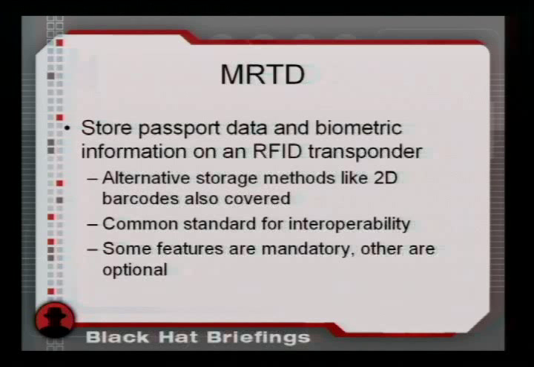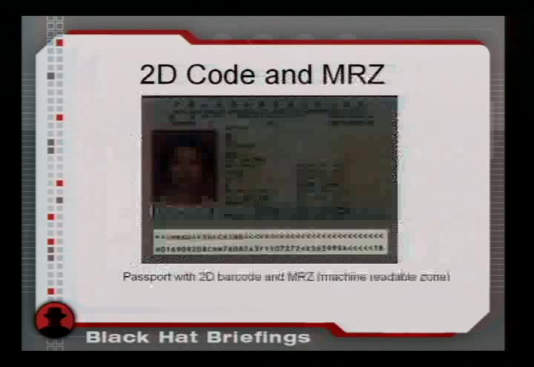And it stores the passport data and biometric information on an RFID transponder. There are also alternative storage methods like a 2D barcode. So if you don't want to use an RFID, they can use a 2D barcode to store the information on a normal readable page. And it's a common standard for interoperability, and some features are mandatory, others are optional.